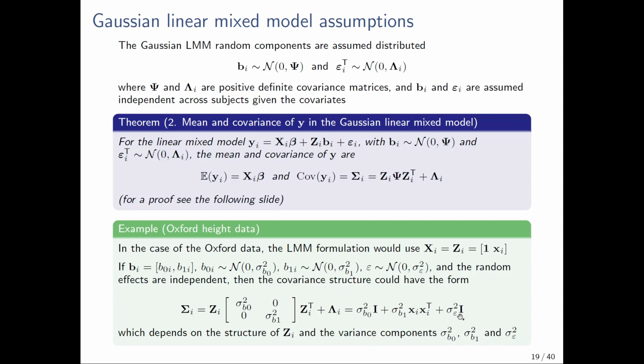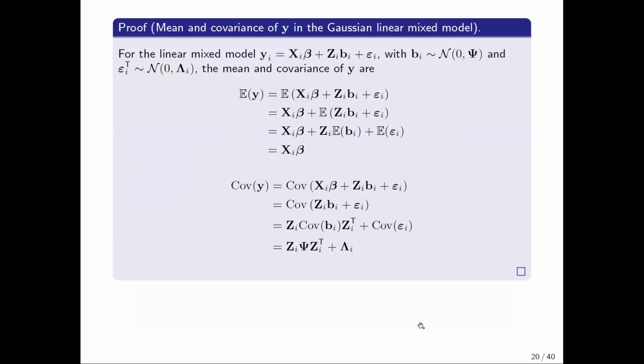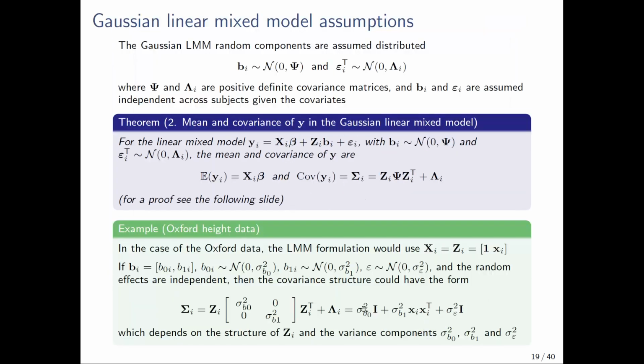So the covariance of the response depends on the structure of Z_i and on the various components as shown here.